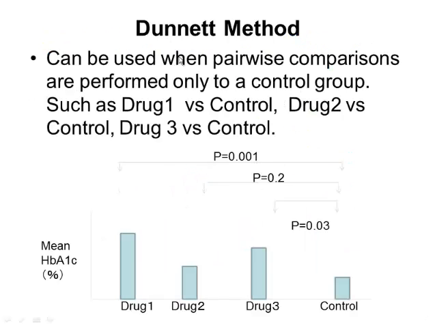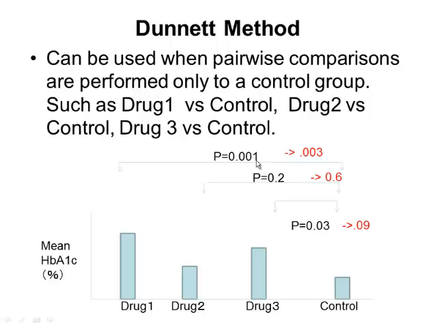In the Dunnett method, we compare only each drug to the control drug, so the total number of comparisons becomes 3. In the Bonferroni method, you multiply the p-value by 6, but in this method, you multiply only by 3.